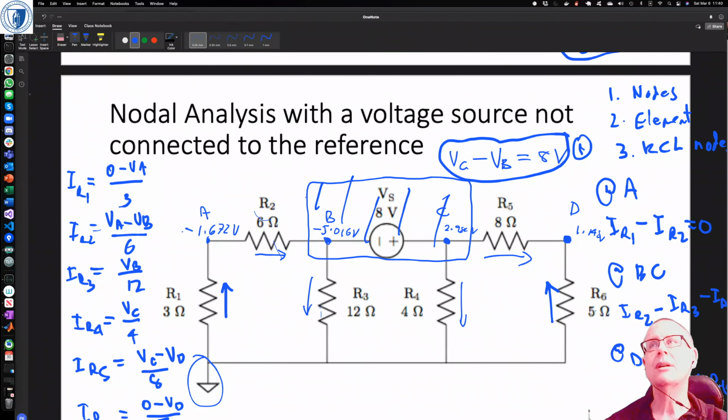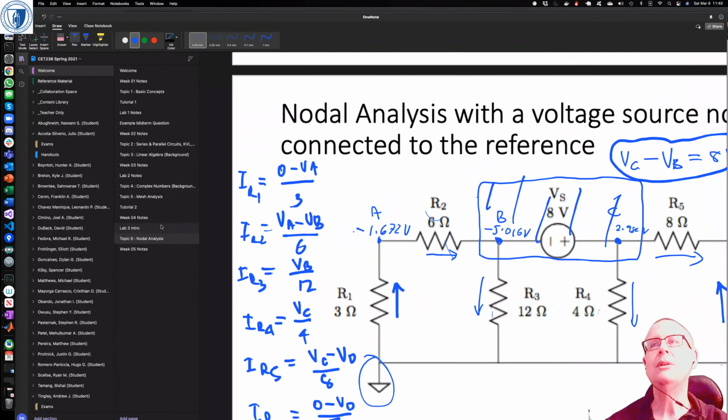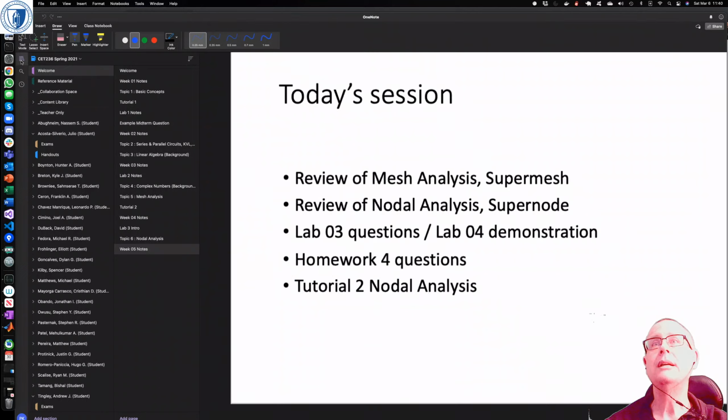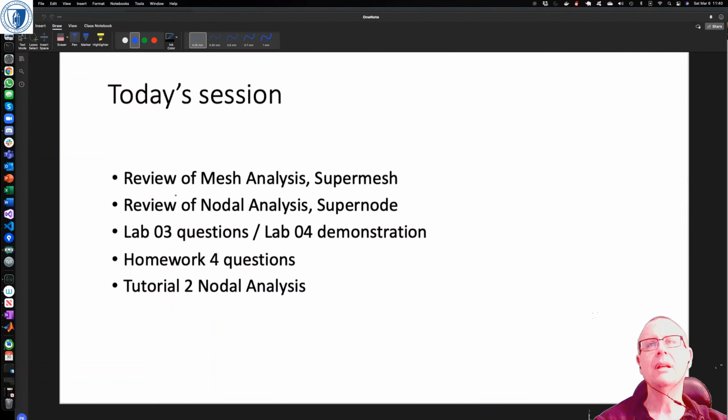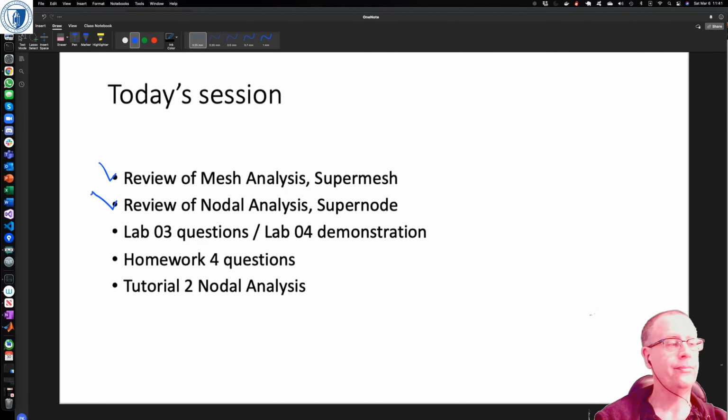Okay, let's just quickly go back to see what we wanted to do today. I have reviewed mesh analysis and supermeshes. I've reviewed nodal analysis and supernodes.